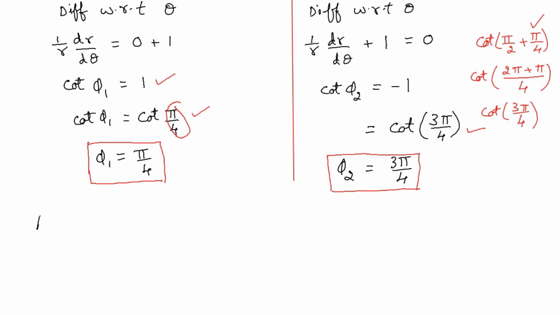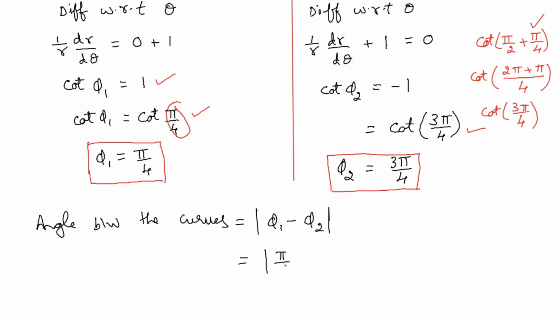Therefore, the angle between the two curves will be nothing but the modulus of phi 1 minus phi 2. We plug in the value of phi 1, which is pi by 4, minus the value of phi 2, which is 3 pi by 4.